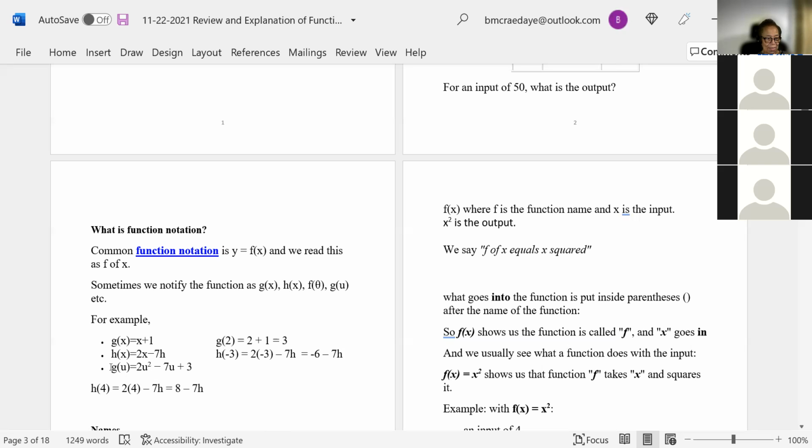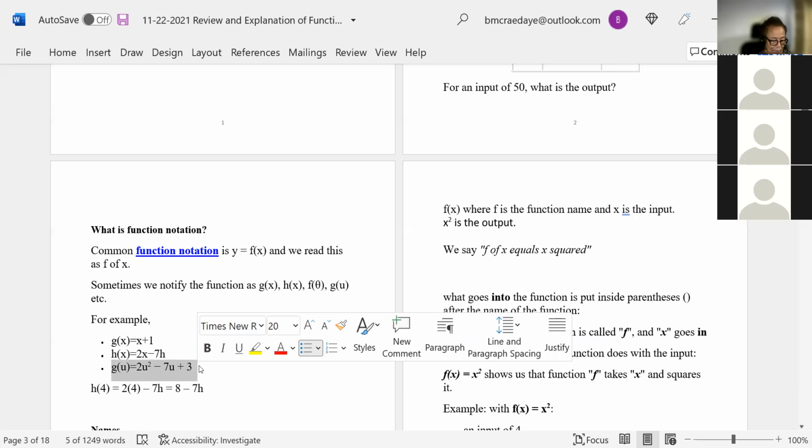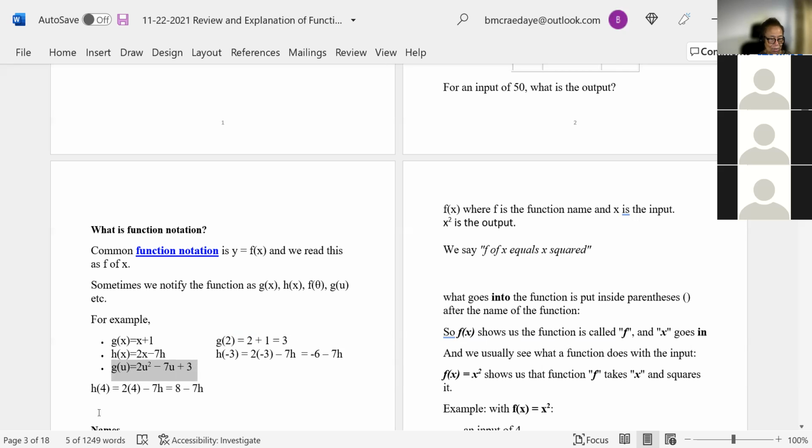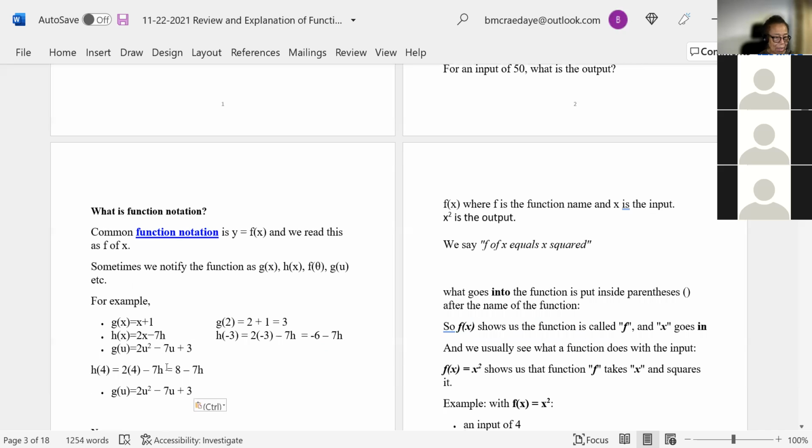Okay, try this one. G of u is 2u squared minus 7u plus 3. Now let me put that here. Okay, now I want you to calculate. Find the value of the function.